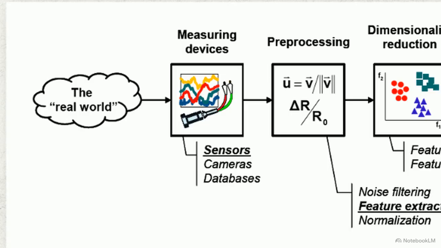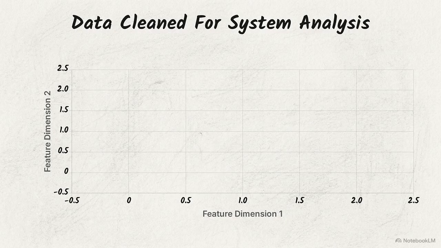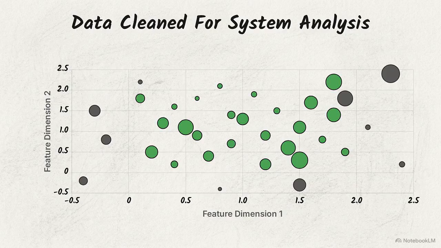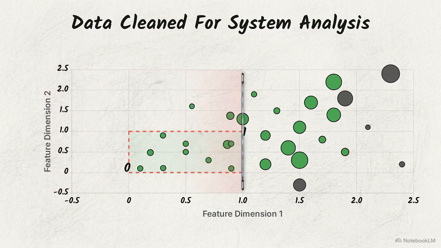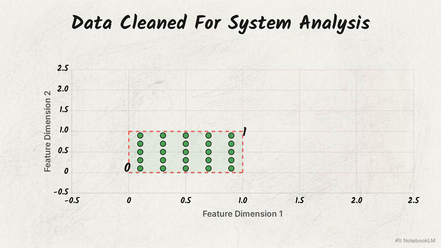This chart outlines the standard data pipeline. It begins with measurement, gathering data from sensors, cameras, or databases, and moves through a series of transformations toward a final prediction. Pre-processing is the first major hurdle. This is where noise is filtered out and the data is normalized, ensuring the inputs are clean and consistent enough for the system to analyze.